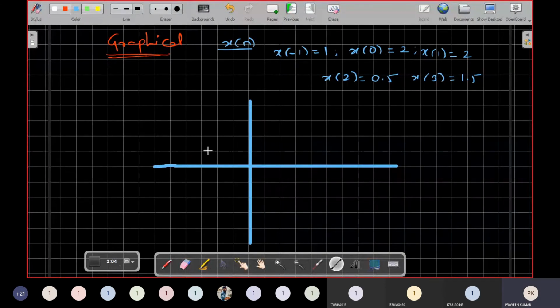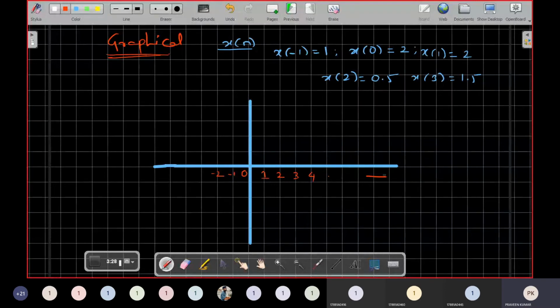Let us say this is at n is equal to 0, and this is at n is equal to 1, 2, 3, 4, and this is at minus 1, minus 2, and so on.